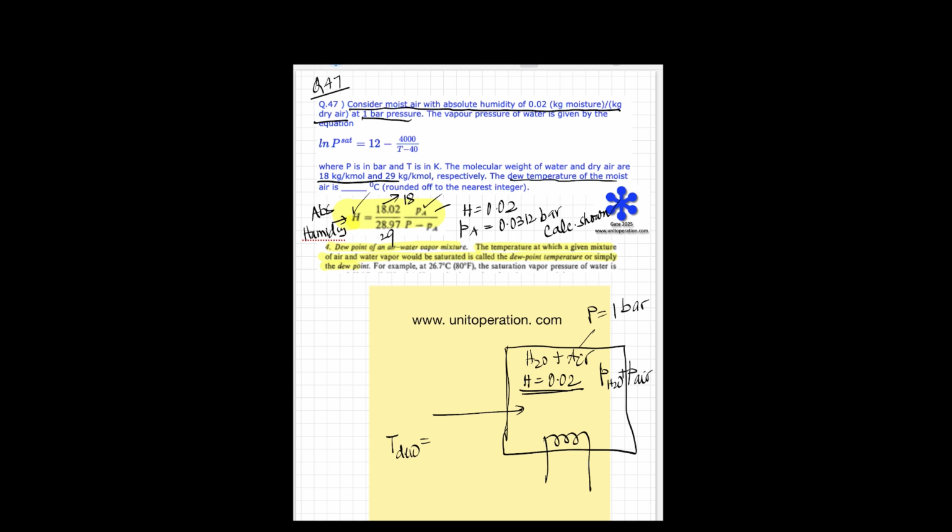So at what temperature does the partial pressure of water, which is 0.0312 bar, become equal to the saturation pressure? And what really happens at that particular point is that dew of the water starts appearing in this enclosure, right? So at that point it becomes 100% saturation.